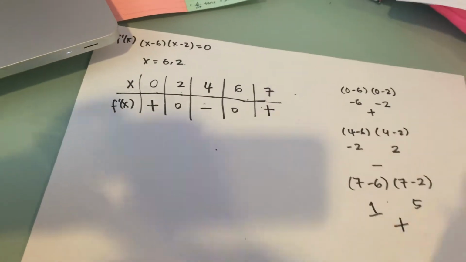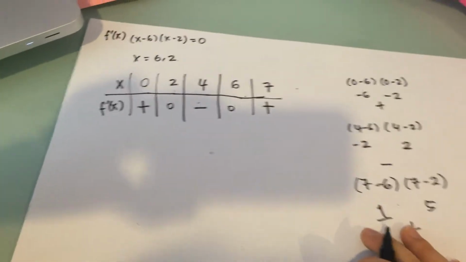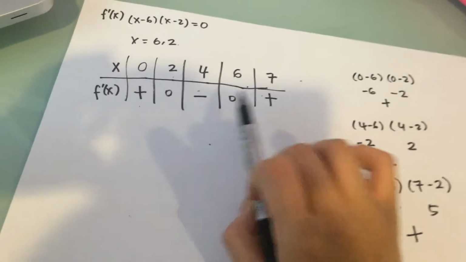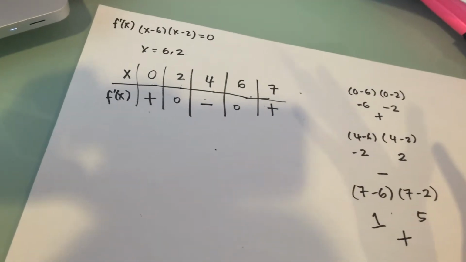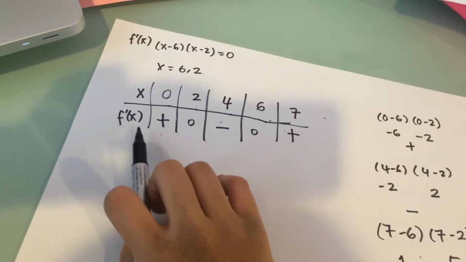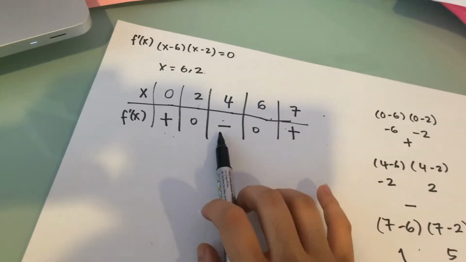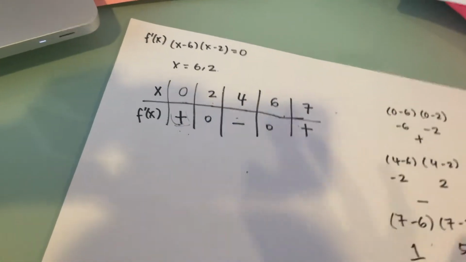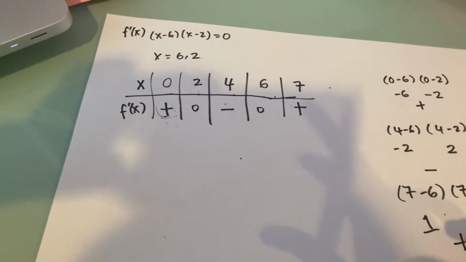So here it's positive. Now why are we trying to find this value? You have to keep in mind that if the f prime of x is positive, it means the original function is increasing.